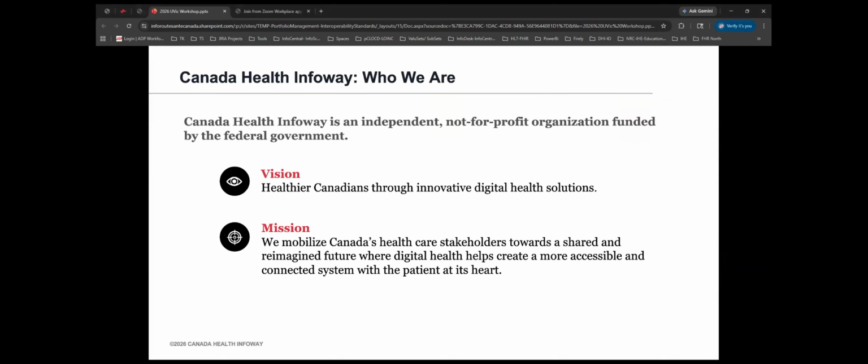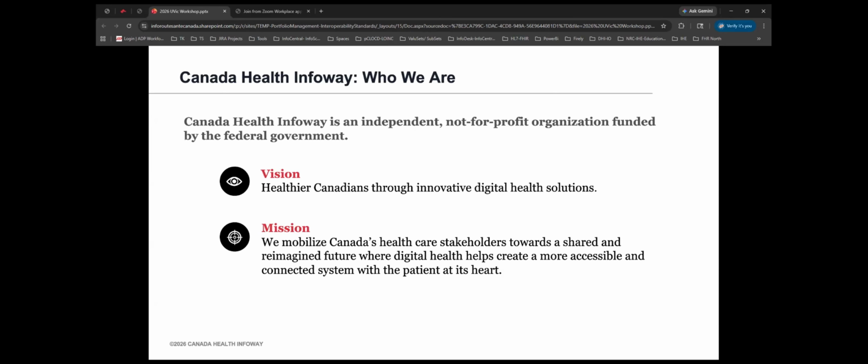All right, so with that, Canada Health Infoway. As a matter of fact, most people just say Infoway. And just before I get into the work that my team does, I just want to take a few moments here to set some context about who we are and where we sit, because I think that really connects everything that you'll hear today. So Infoway is an independent, not-for-profit organization.